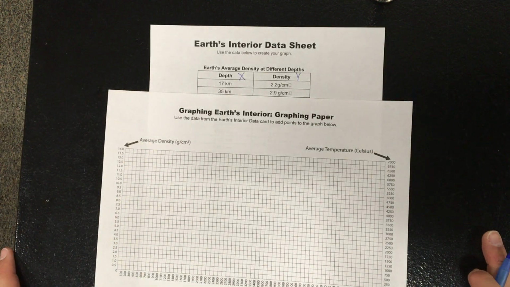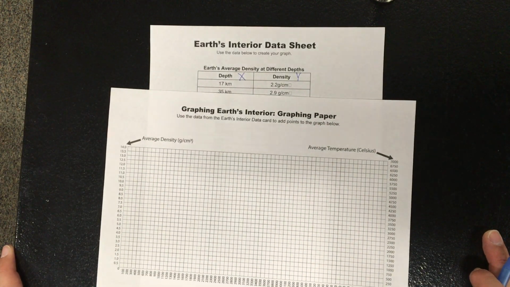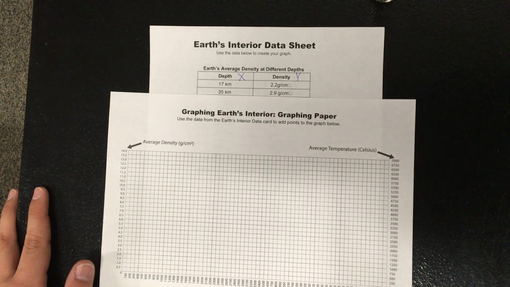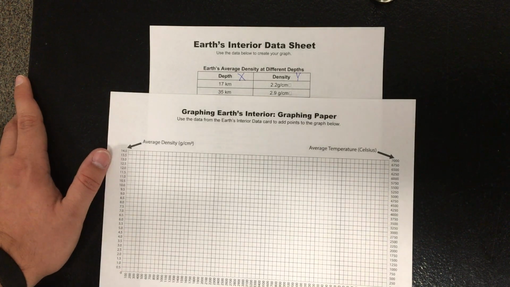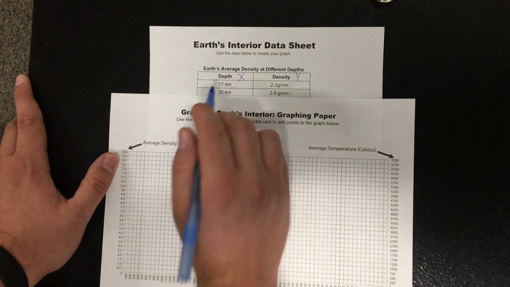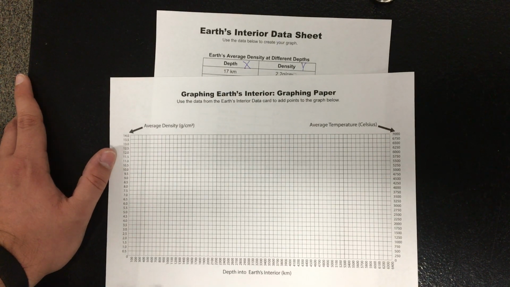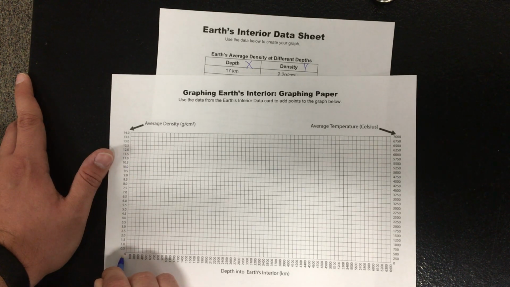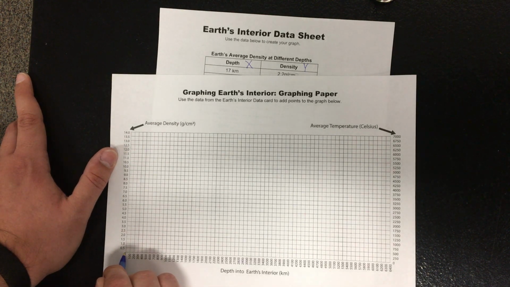You remember when you're graphing, we've got to graph the x and the y coordinates together. So 17 kilometers will be our x. Since each line represents 100, we're just going to make it really close to 0, since 17 is between 0 and 100.